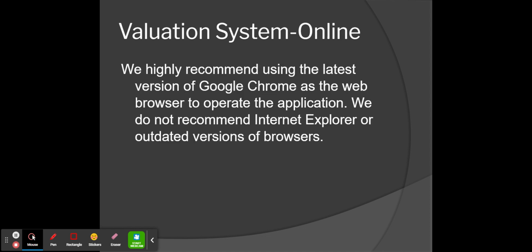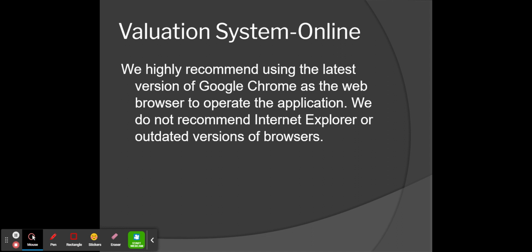So when you work in the system, and we've gone over this before with folks, it just works better if you use the latest version of Google Chrome as your web browser. It's designed to operate best in that particular browser. We don't recommend you use old Internet Explorer versions or outdated versions of any browsers to work in the system.